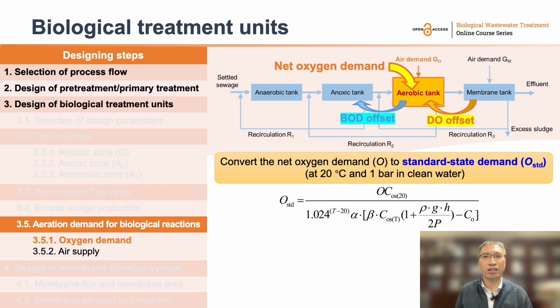For further design of aeration facilities, we need to convert the oxygen demand to the standard state amount at 20 degrees centigrade and 1 bar in clean water, based on the local altitude, water depth, temperature, designed DO concentration, and oxygen transfer in the mixed liquor versus in clean water.